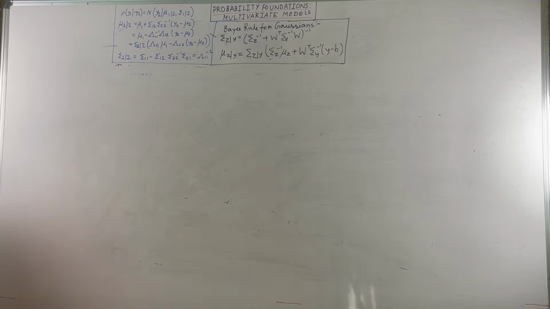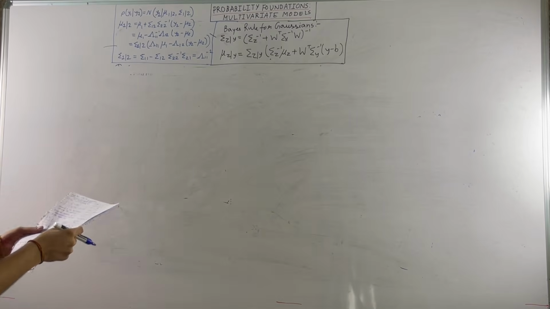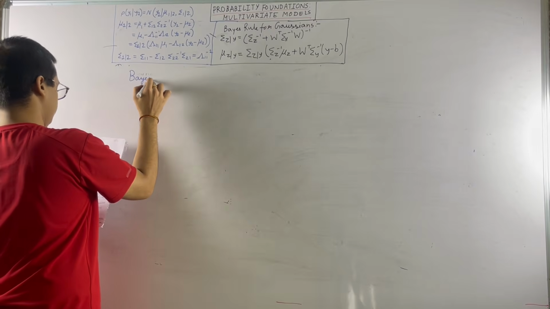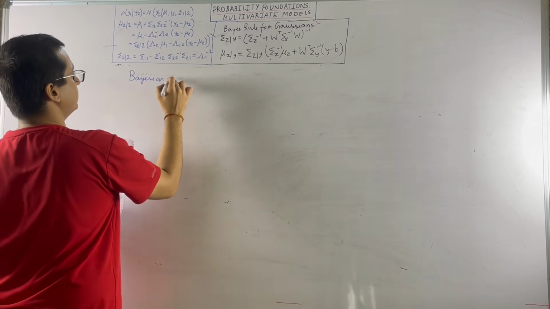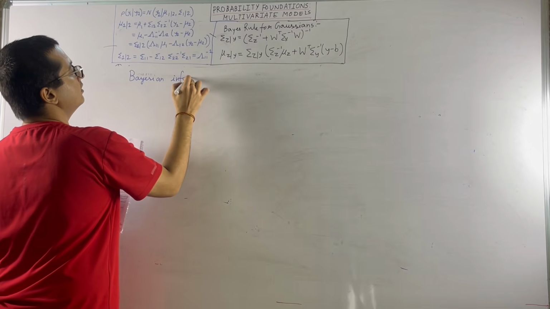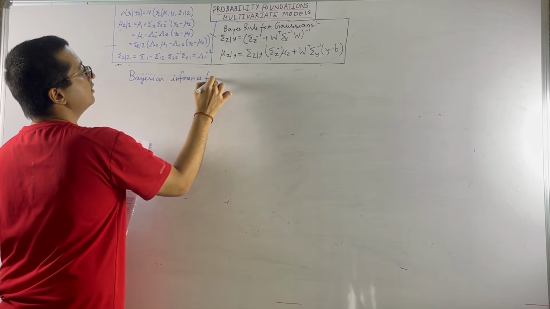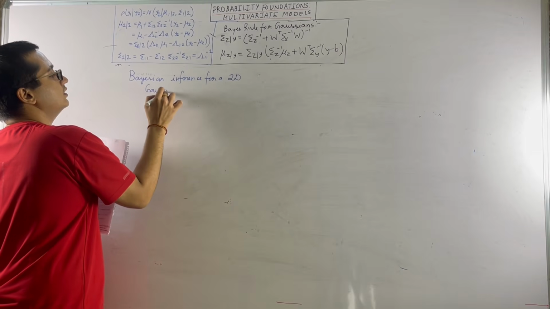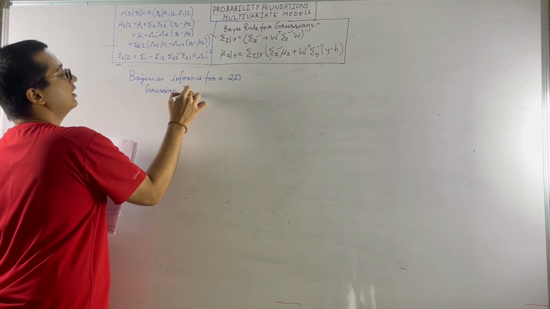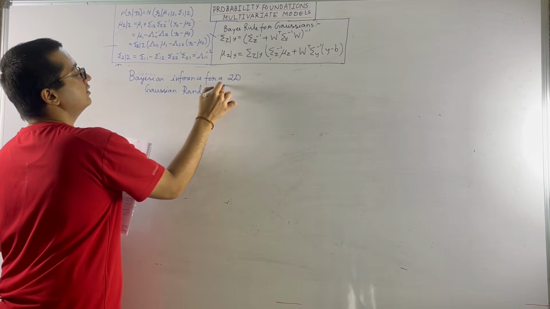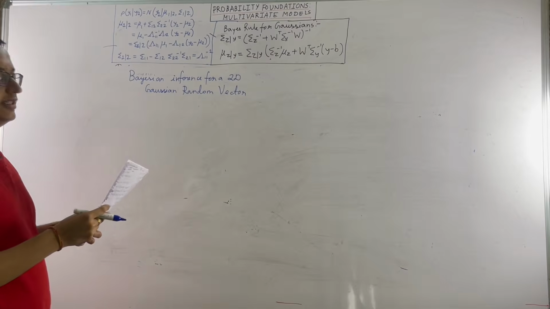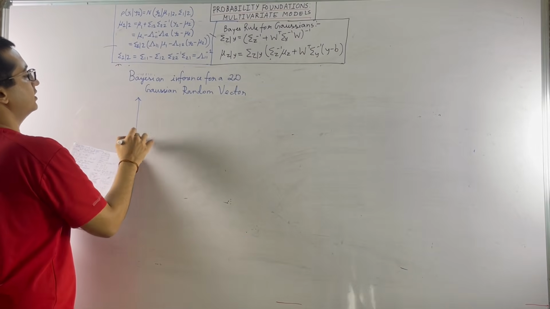What we have is basically Bayesian inference for a 2D Gaussian random vector. Why 2D? Because the location can be x and y coordinates.